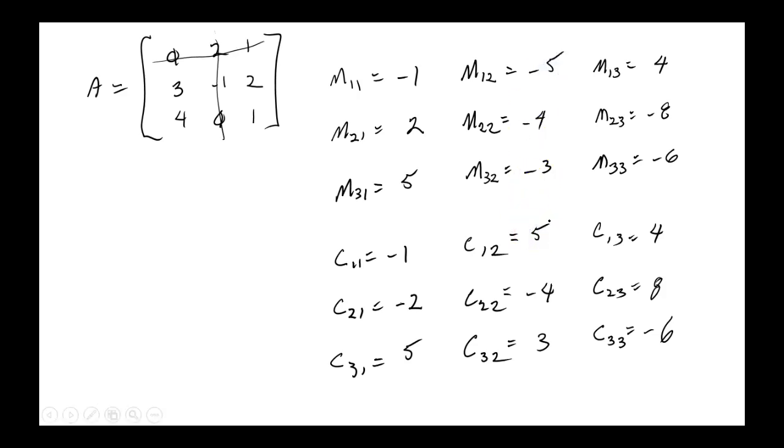Okay, so negative 1, 5, 4. Negative 2, negative 4, 8. 5, 3, negative 6. The cofactors are just either plus or minus of the minor, and you just have to determine which by the position. They don't really call it position much. That's how I think of it.